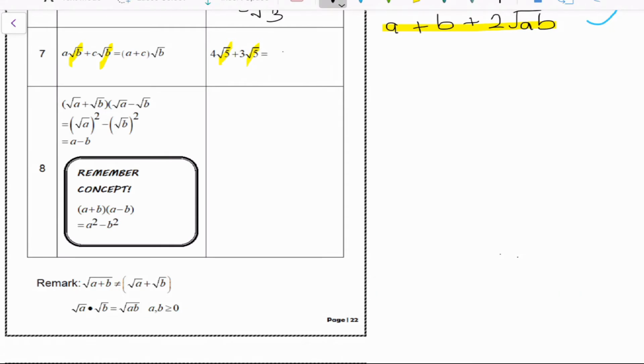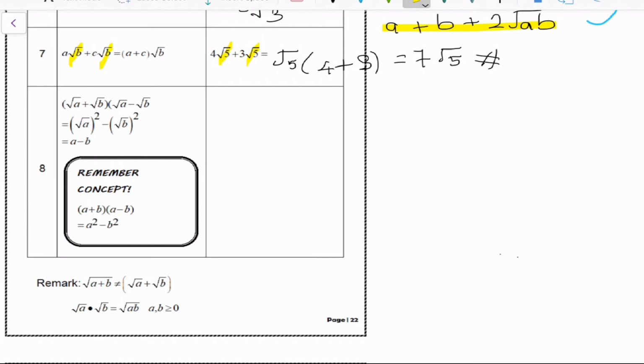To make it easier, factorize surd 5, put it outside. And what's left in the bracket is 4 plus 3. 4 plus 3 will give you 7, and you can simply copy surd 5. So this is the answer.